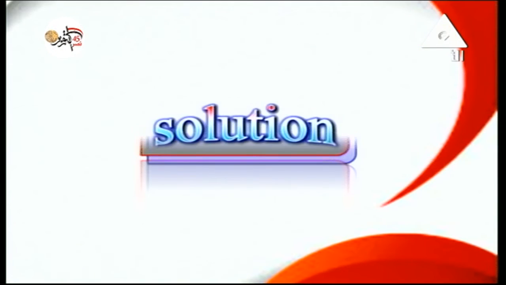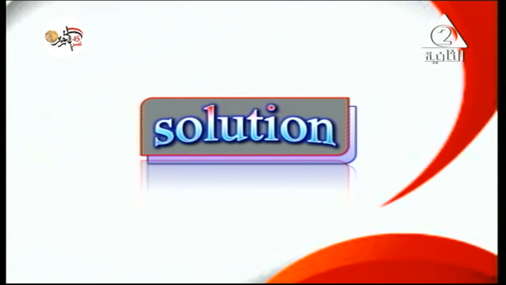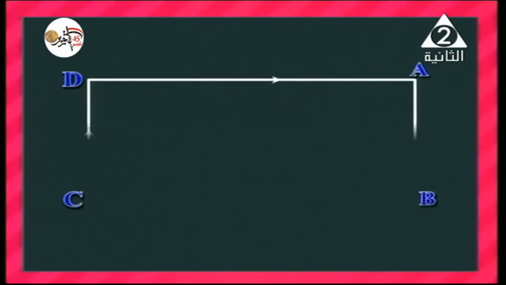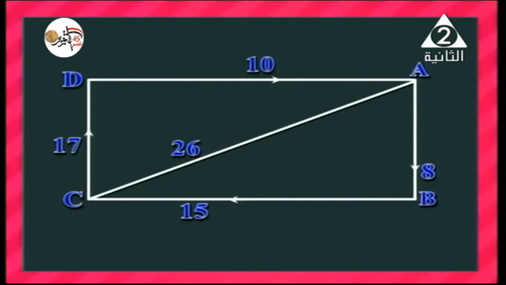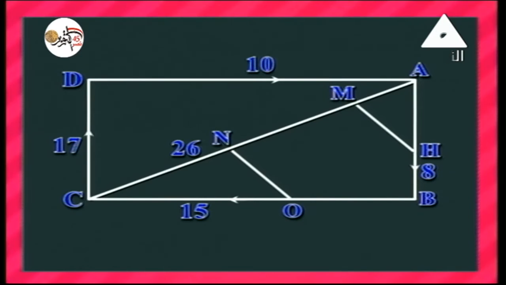Look at the solution. My dear student, we have ABCD a rectangle. Look at the forces 8, 15, 17, 10, and 26. Look at M belonging to AC, H belonging to AB, and also N belonging to AC.